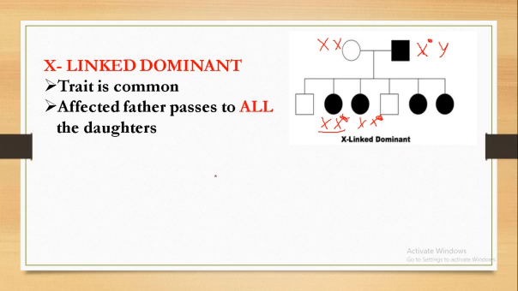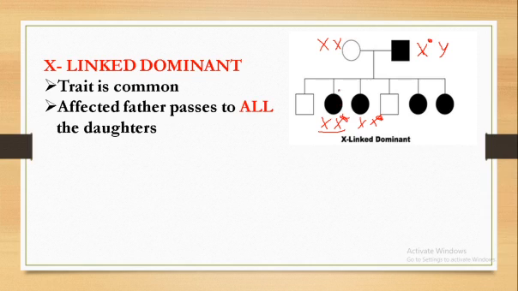So if we want to find out whether it is X-linked dominant or not, what do we see? You will always have to see the daughters first. Whatever the number of daughters, if all the daughters are expressing the trait, go to the father. If the father is also expressing the trait, then we can say that this is sex-linked, more specifically an X-linked dominant trait.